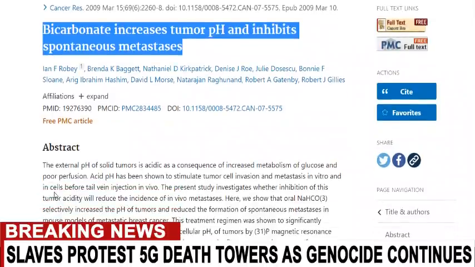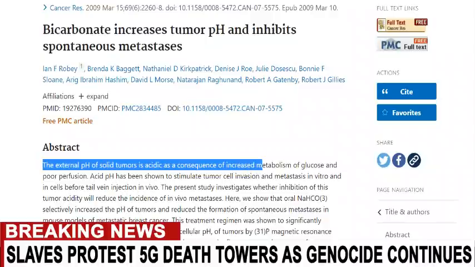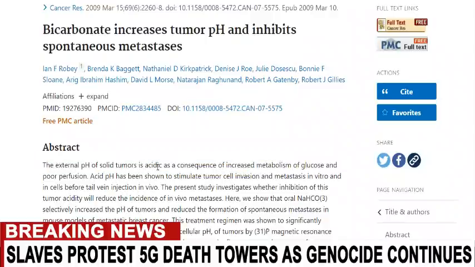Let's just read a little bit of this abstract here. Bicarbonate increases tumor pH and inhibits spontaneous metastases. The external pH of solid tumors is acidic as a consequence of increased metabolism. Notice how they say outside and not inside. External pH. We'll get into that.